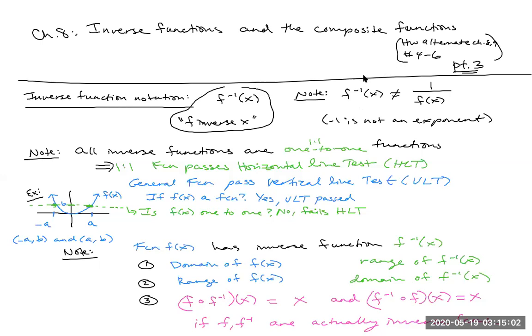Now later what we'll find is you can actually restrict your domain. So like I could say, well, I'm gonna make this piece of my function one portion, and that domain would be negative infinity to 0.